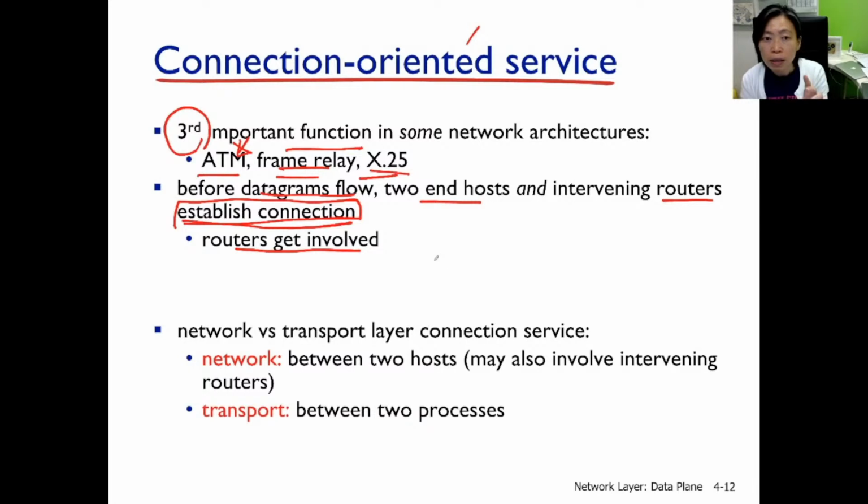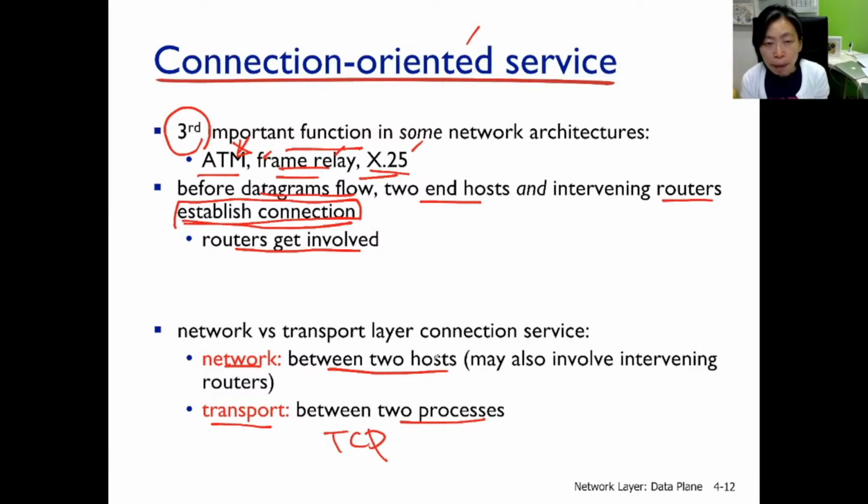We've heard about connection-oriented service as well when we were talking about TCP, right? In TCP, they're sending SYN, SYN-ACK, and then ACK for the SYN-ACK. That's establishing a connection, right? It sounded very much like what ATM, frame relay, X.25 are doing. Yes. At the transport layer, TCP is actually establishing a connection between two processes. At the network layer, in ATM, frame relay, X.25, they are also establishing connections between two hosts.